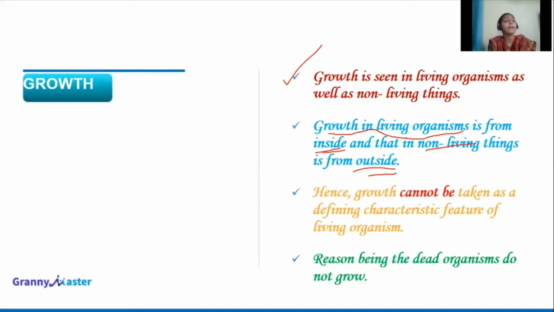But we cannot say that a mountain is a living thing or a hill is a living thing, right? That is why growth cannot be taken as a defining characteristic of living organisms. And another thing, a living organism, once it is dead, is not going to grow again. But that doesn't mean it is a non-living thing. If a human being survives for a long time and then dies, the body of course is not going to grow, and that doesn't mean we are non-living things.